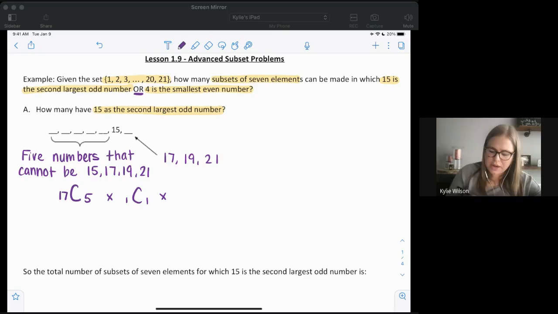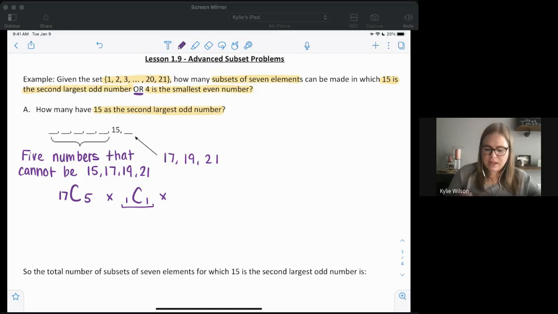You don't have to include this because it's just equivalent to 1, but sometimes writing that in as a part of the process helps people, but you do not need to include it if you don't want to. You can just say we have one option for 15 and it's 1, but that's where that 1 comes from.